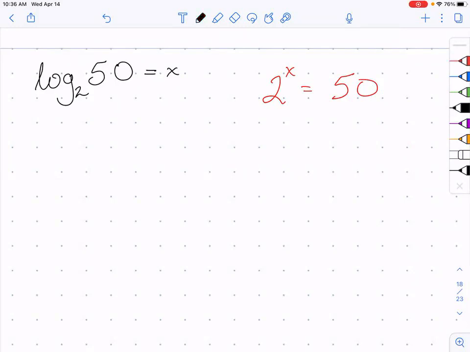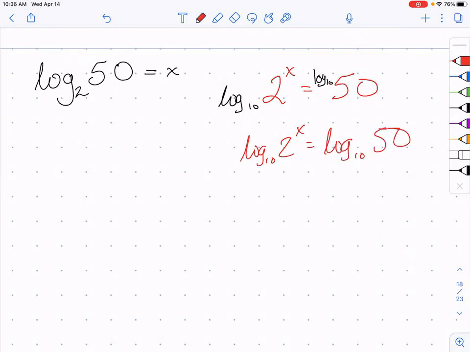One of the things that we can do to both sides of an equation is take the log with any base that we want. So I'm going to take the log base 10 of both sides of this equation. When I do that, I get log base 10 of 2 to the X power equals log base 10 of 50. Log base 10 of 50 is something my calculator will figure out for me.